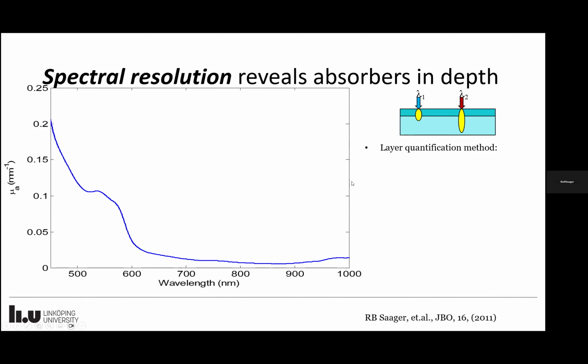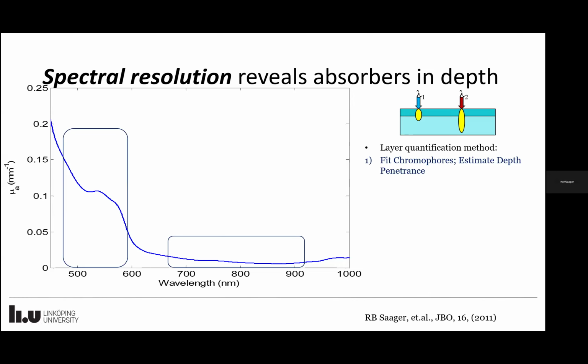But knowing the scattering, knowing the penetration depth, we could try to estimate what the epidermal thickness is and how much melanin is within the epidermis by looking at the different regions here, fitting for the chromophores, knowing that they're sampling 2 different regions at different amounts.